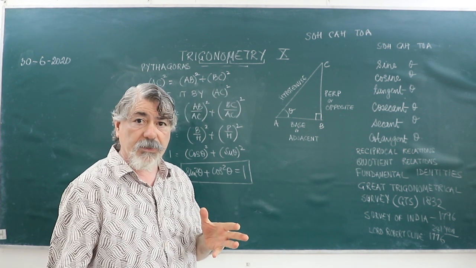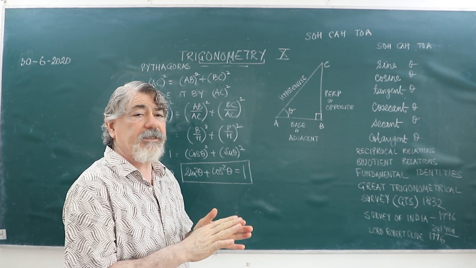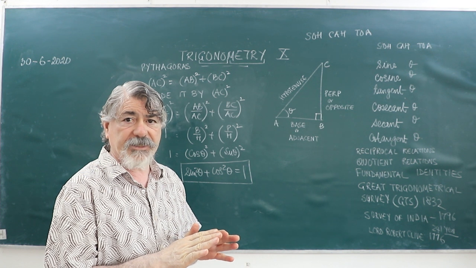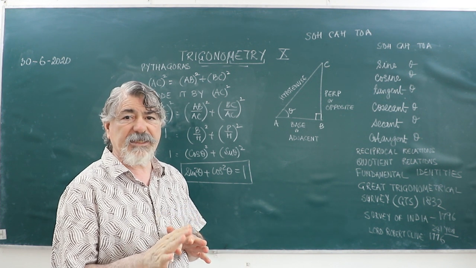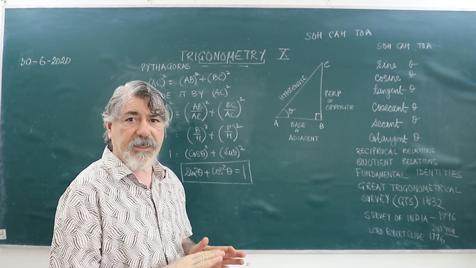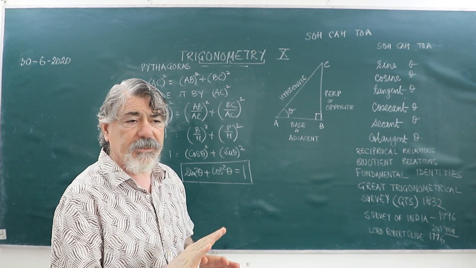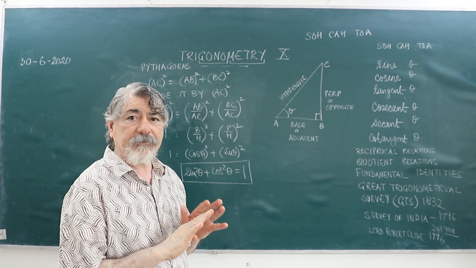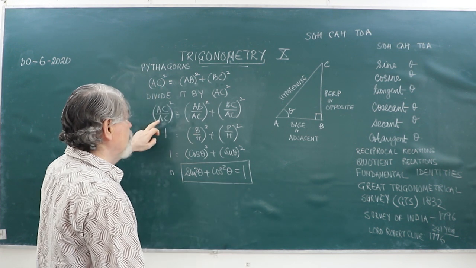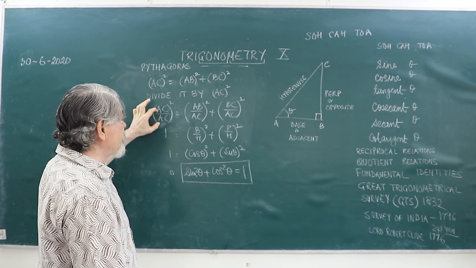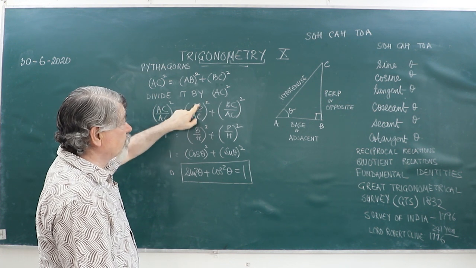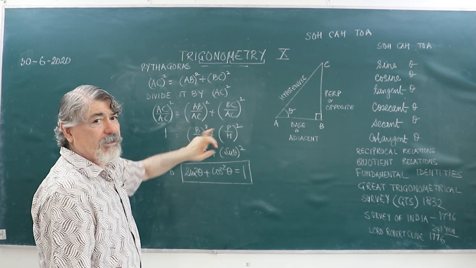Then I divided the complete Pythagoras Theorem statement, which was written mathematically, by AC square, which was hypotenuse. When I divided AC square by AC square, I got 1. Then I got AB upon AC whole square, and I got BC upon AC whole square.